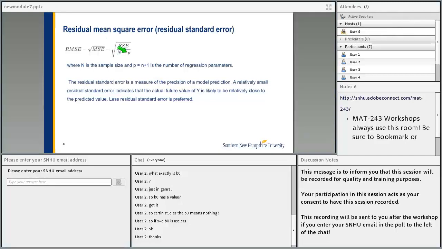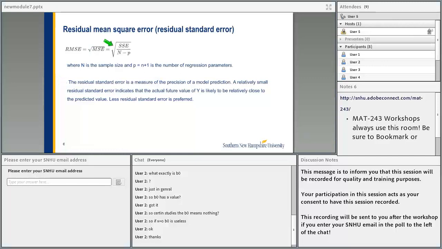So n is the sample size, p is the number of regression parameters. The residual standard error is a measure of the precision of a model's prediction. A relatively small residual standard error indicates that the actual future value of y is likely to be relatively close to the predicted value. Less residual standard error is preferred.